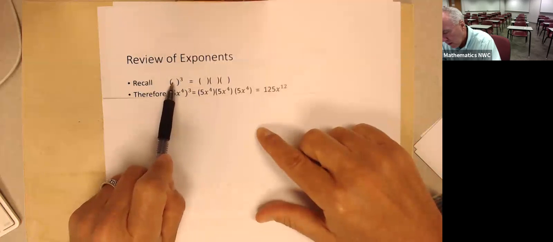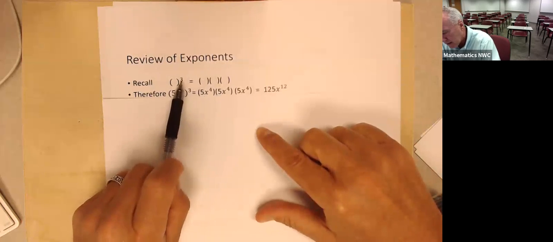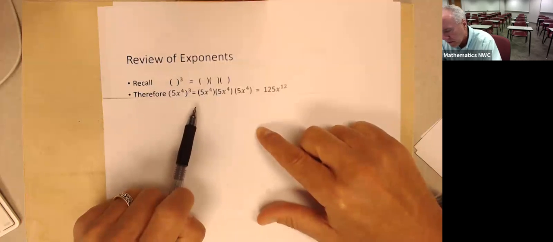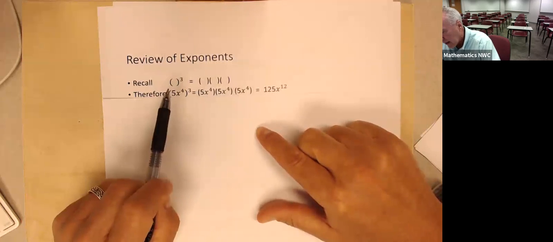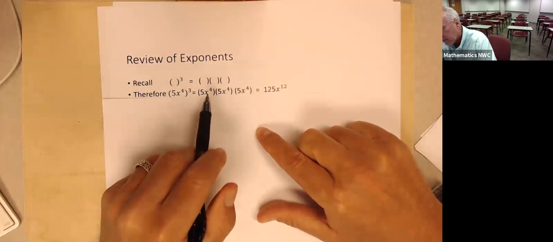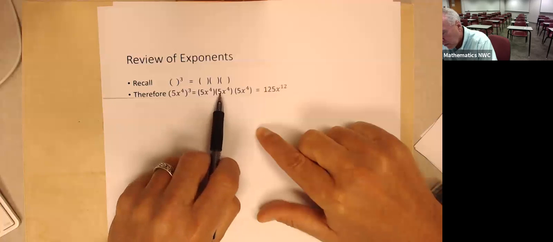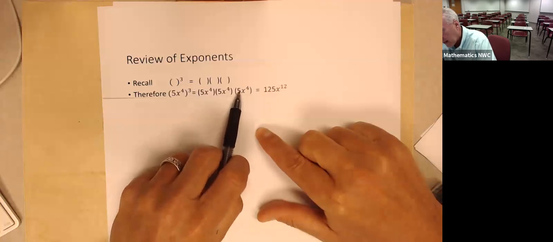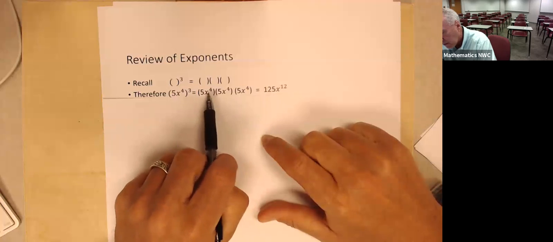But because whatever I put in there needs to be multiplied times itself 3 times, that's the definition of the 3 in the exponent position, I take whatever is in here and I multiply it times itself 3 times. Notice that means the 5, which is a coefficient, will be multiplied times 5 to get 25, multiplied times 5 to get 125. So I multiply all the 5s because they're coefficients.